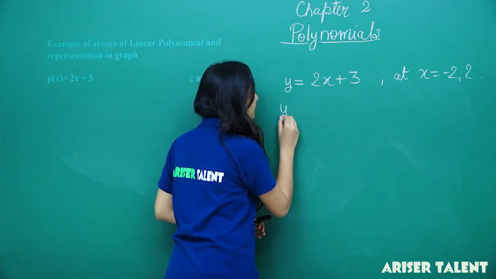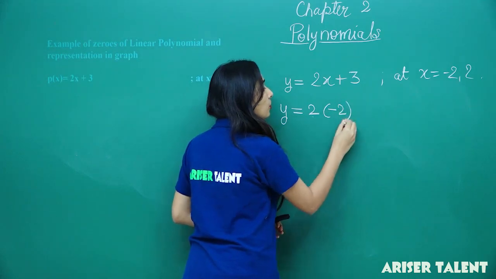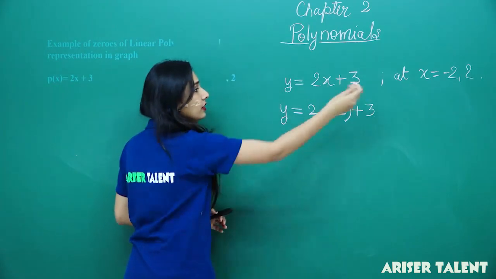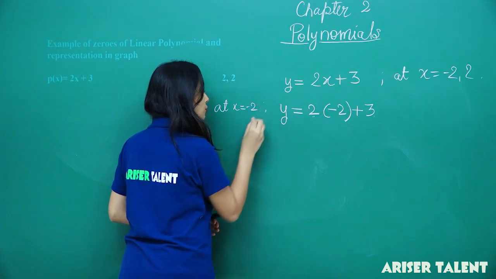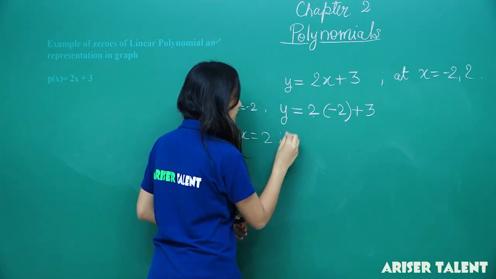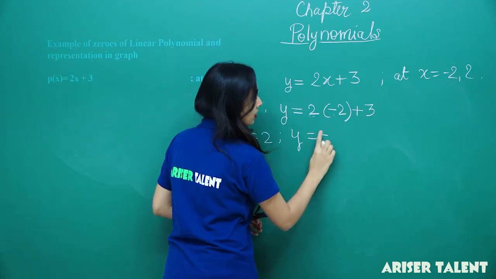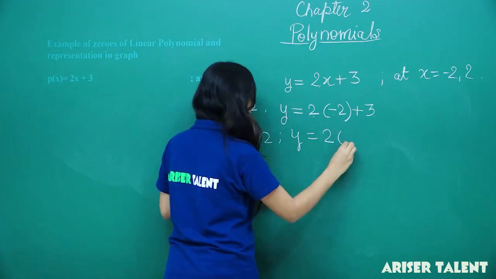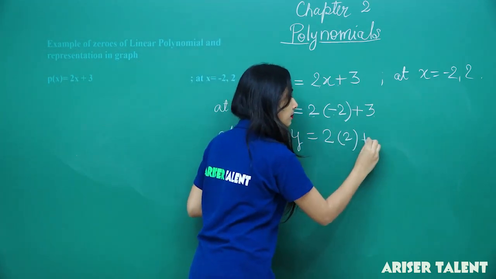So how will you do that? y will be equal to 2 multiplied by -2 plus 3 in the first case at x equals to -2. Now at x equals to 2, that will become y equals to 2 multiplied by x. Now value of x is nothing but 2. We'll put 2 here, plus 3.